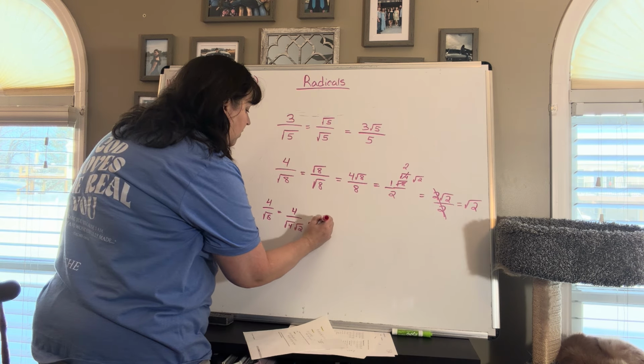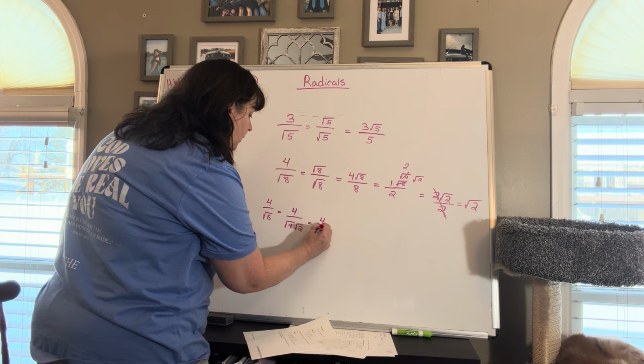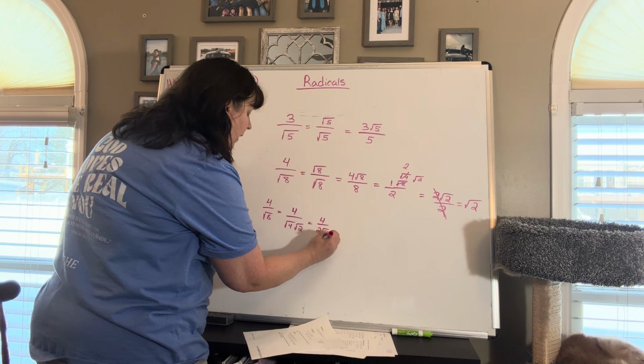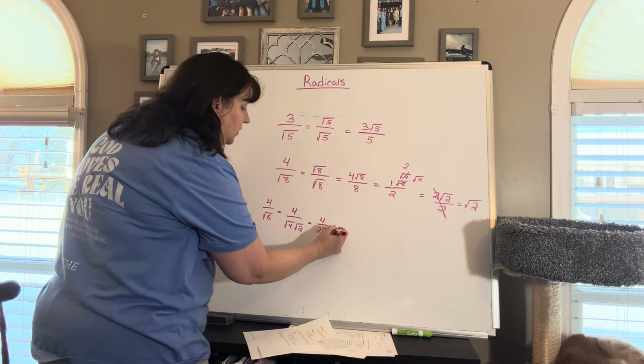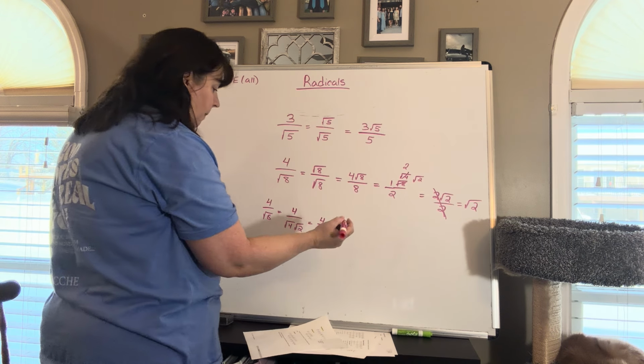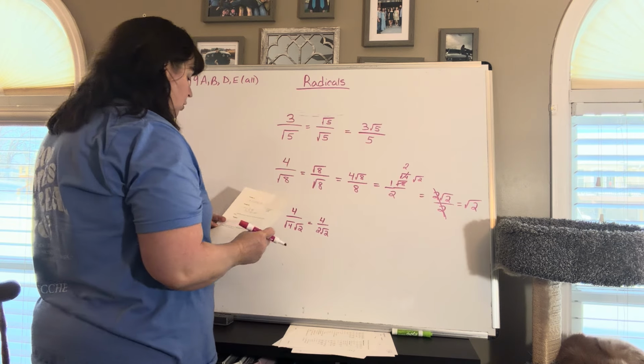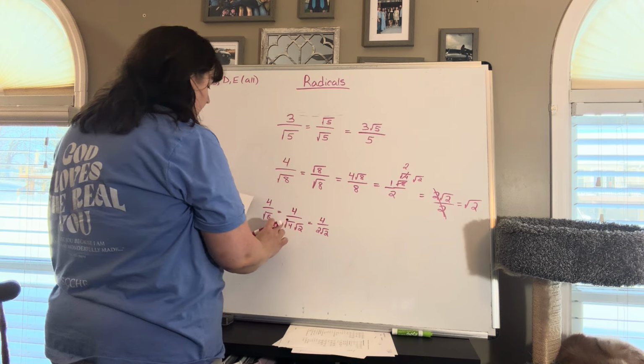When I do that, then I have 4 over 2 radical 2, and 4 divided by 2 is 2, right?